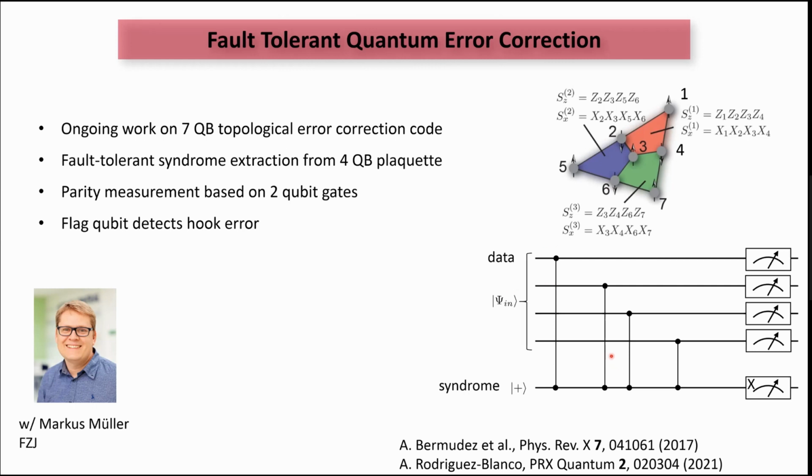This is a circuit for measuring a parity or Z-type stabilizer on a 4-qubit data plaquette. It merely consists of 4 entangling gates, which flip the phase of the syndrome qubit by plus or minus pi/2. So that in the end, depending on the parity of the data qubits, you flip the phase of the syndrome, and you directly read out the parity in a QND manner.